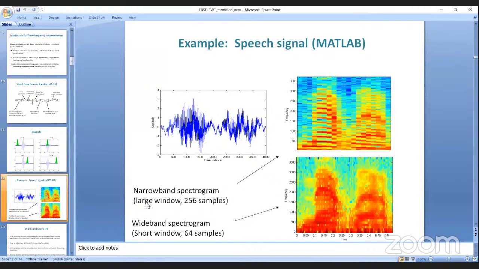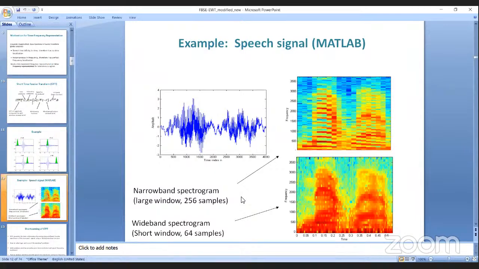When you have a large window, for example, of size 256 samples, the resulting spectrogram will be known as a narrowband spectrogram. When you have a large window in the time domain, due to the Heisenberg uncertainty principle, it will have a narrowband nature in the frequency domain. Similarly, when you have a short window in the time domain, it will have a wide band in the frequency domain.